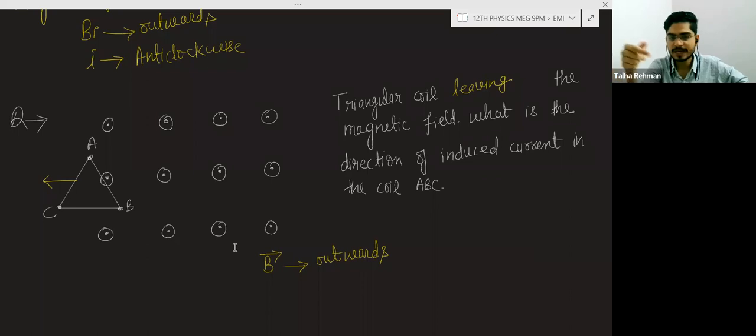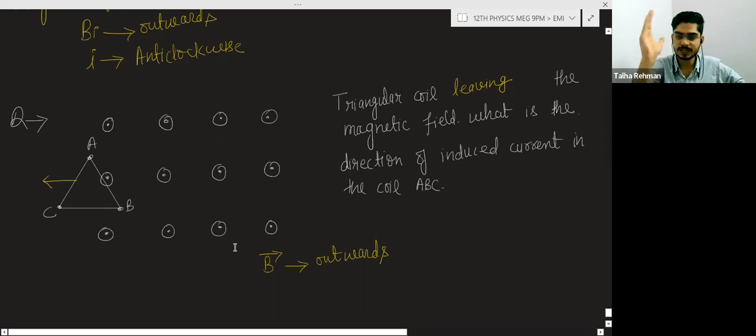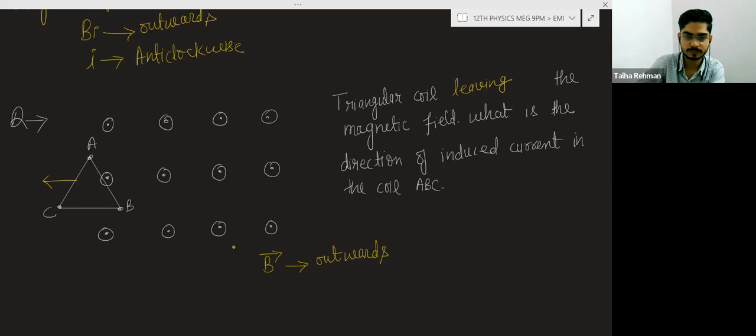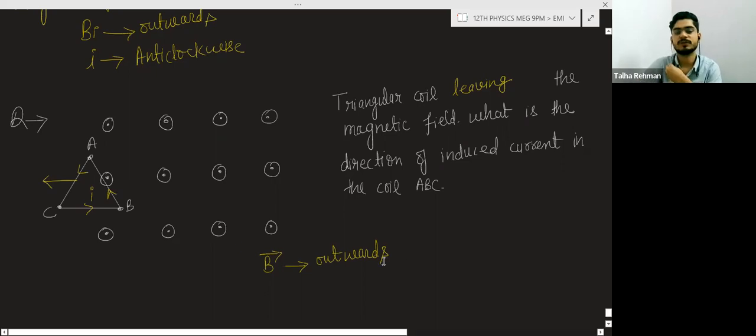And the given direction of the magnetic field is outwards. So when you apply the right hand rule, point your thumb outwards and curl your fingers. This direction gives you the direction of the current. This will be the direction of the induced current.